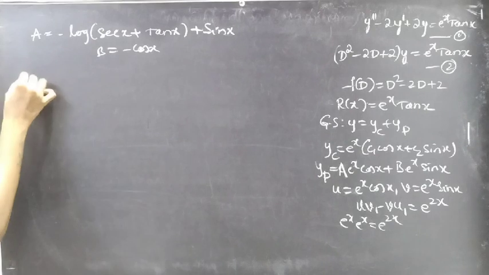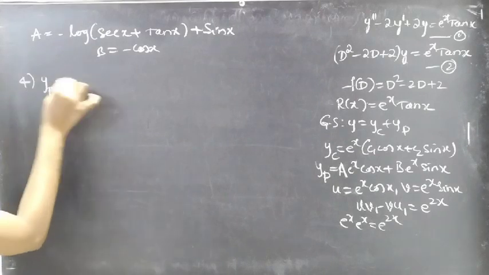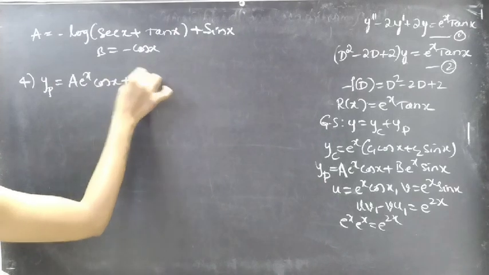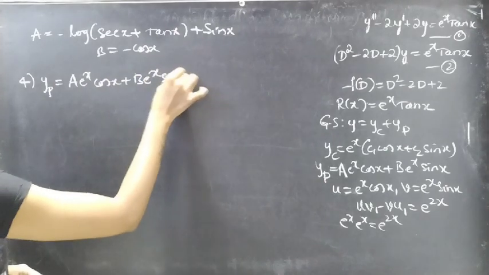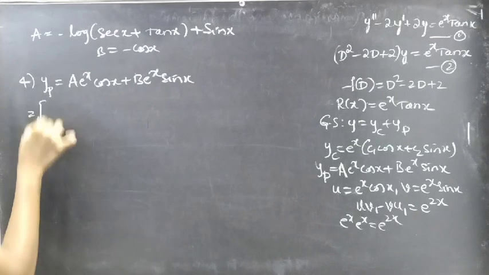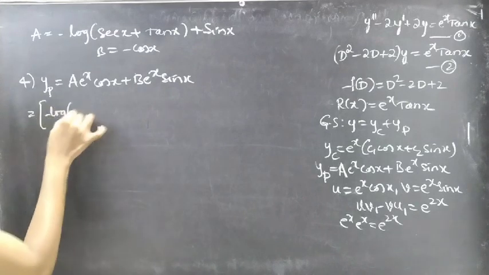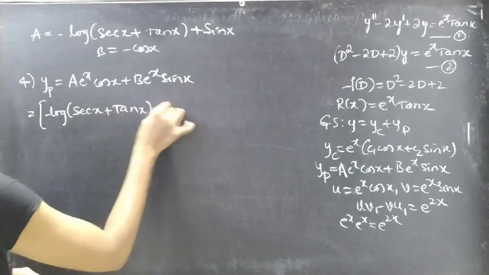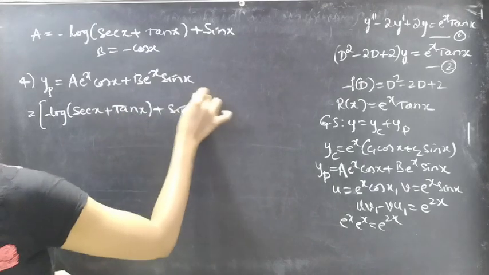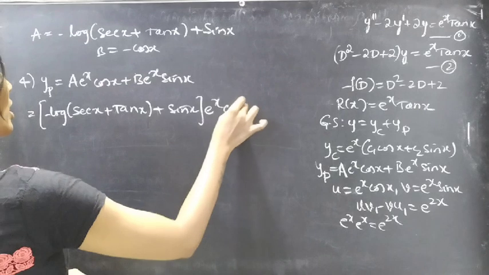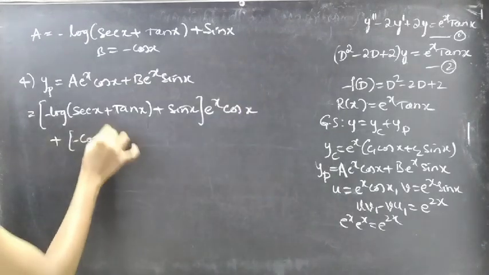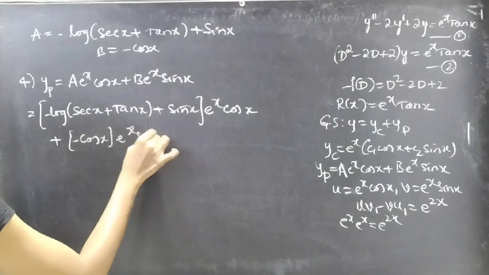Now we'll find yp using a e power x cos x plus b e power x sin x. Substitute a and b. That is minus log of secant x plus tan x plus sin x into e power x cos x plus b, minus cos x, into e power x sin x.